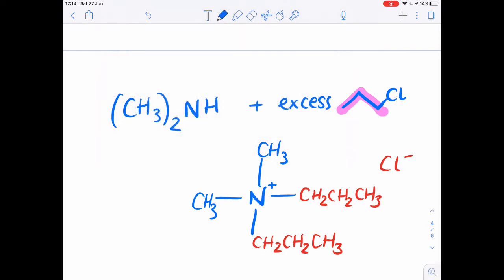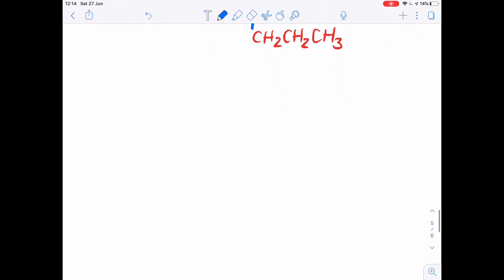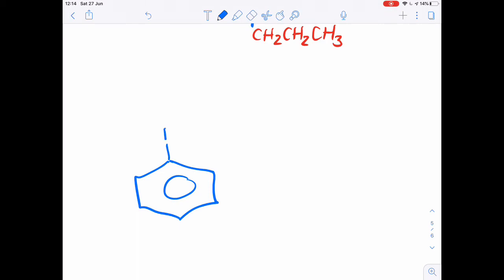You might see the question slightly differently in an exam. So maybe you see a structure like this. It might ask you what this is. You say a quaternary ammonium ion or a quaternary ammonium salt.